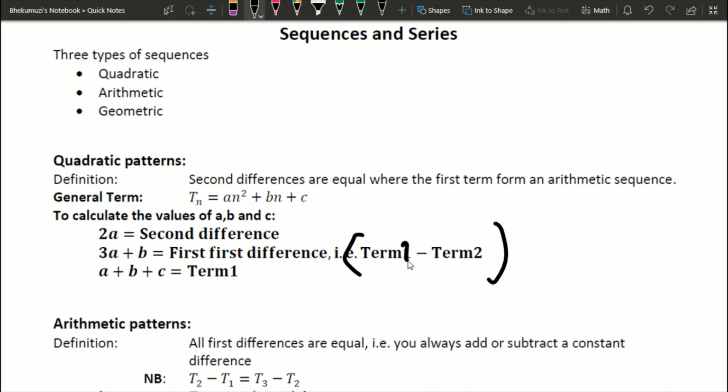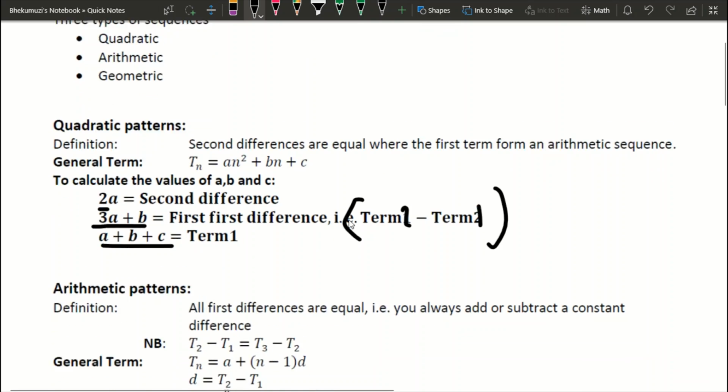It's the second term minus the first term, sorry, to give you the first difference. Once you get your first difference, you do the same thing, and you would find that your second difference for the generalized T_n of the quadratic formula would be 2a, the first difference will be 3a + b, and the first term will be a + b + c.